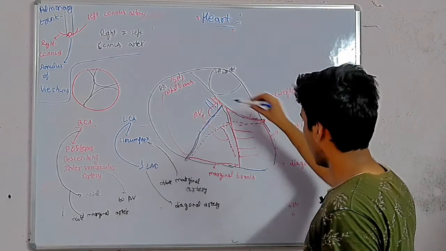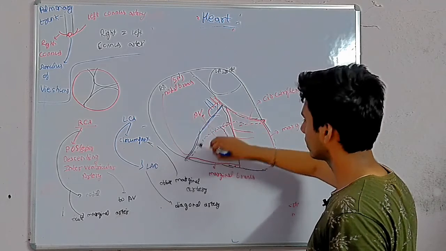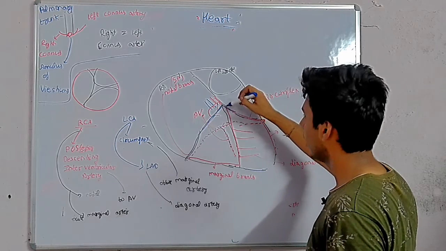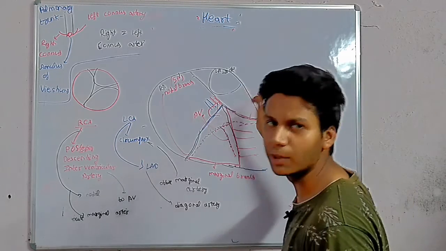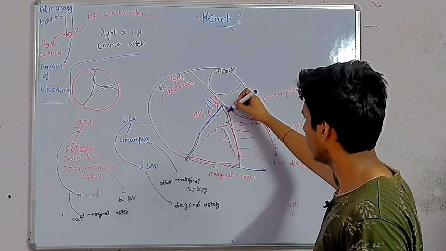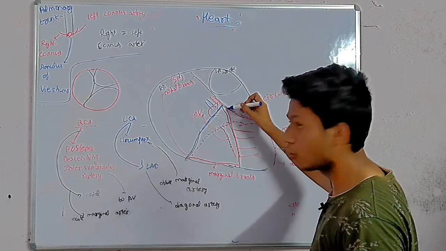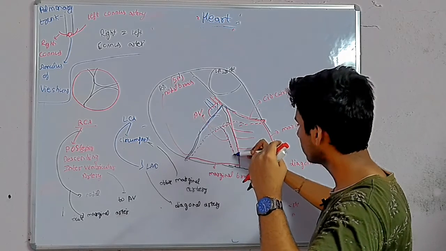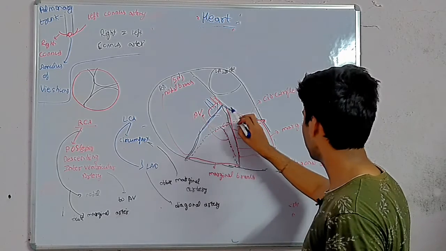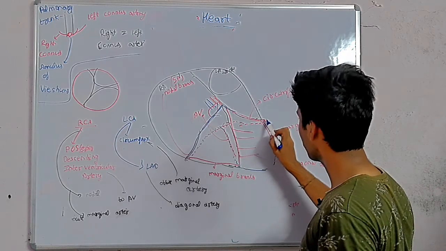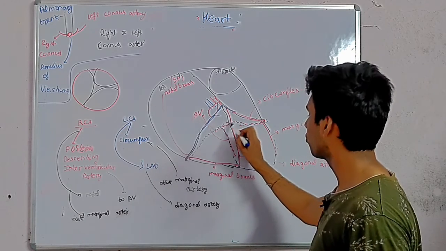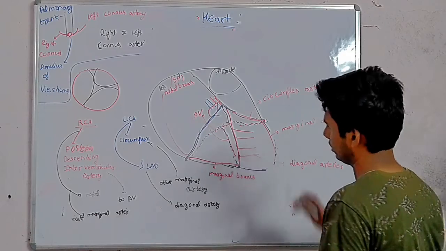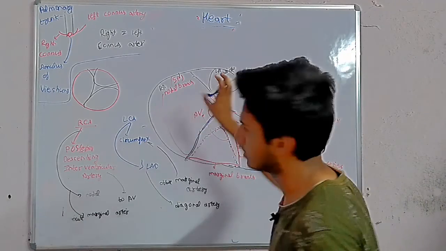This is the left coronary artery, this is the right coronary artery. The left coronary artery divides into two, just 1 centimeter after its origin. One is the left anterior descending branch, which goes anteriorly in the interventricular sulcus and forms an anastomosis with the posterior interventricular artery. The other is the circumflex artery, which goes posteriorly and forms an anastomosis. Done.